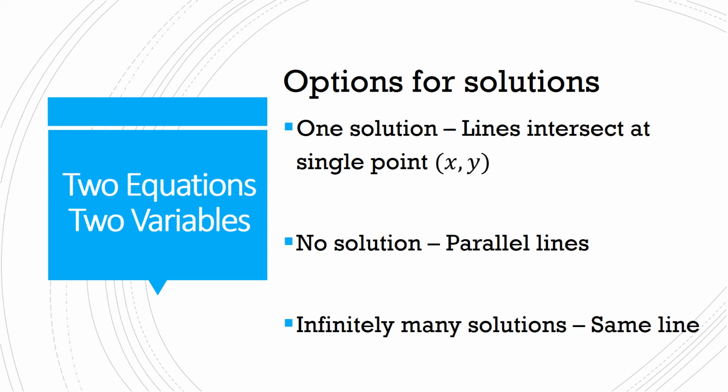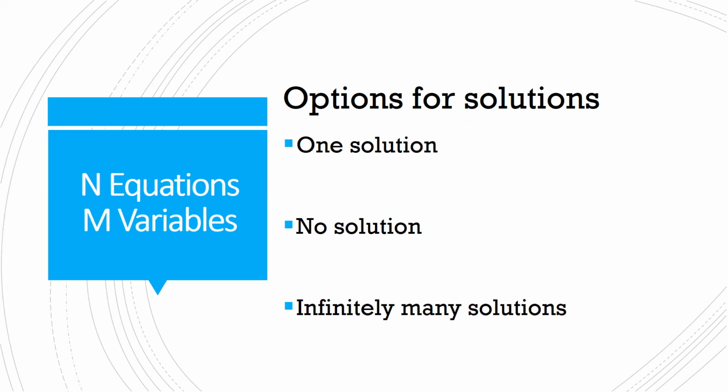If you go into more variables and more equations, it's a little bit more complex than just looking at lines on a two-dimensional graph. But still, if you have more variables and more equations, we still could end up with just one solution, or we could end up with no solution, or we could end up with infinitely many solutions.